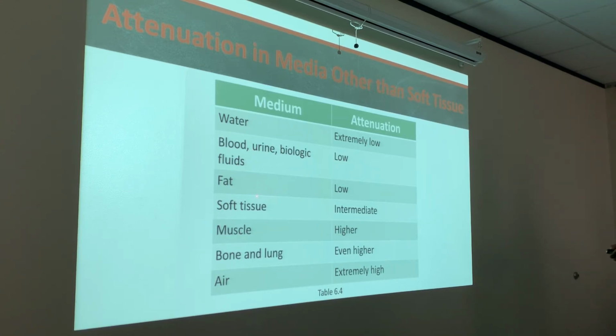Fat has a lot more fluid in it than soft tissue, because fat is real gelatinous, real jiggly, and soft tissue is a little stiffer. The body is made of about 80% water, correct? Muscle has less fluid in it than soft tissue, and bone and lung don't have any, that's air, so there's no fluid associated with that. So sound is going to travel better in a fluid-filled structure than in a solid structure.